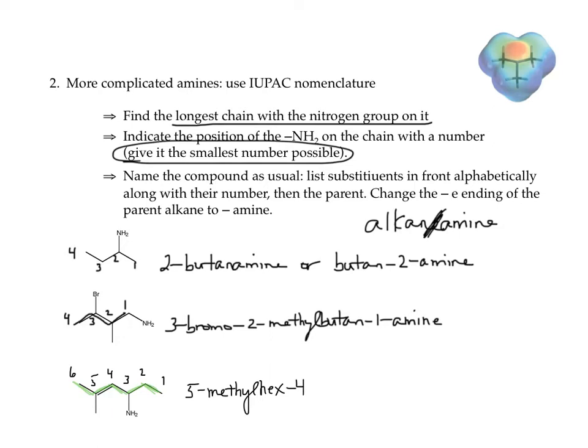It's at number 4, so hex-4-ene. I'm not going to put that E after the ene, because what's going to follow is the word amine, which starts with a vowel, and it's at number 3, so 3-amine. So because I have a vowel, I ended up dropping the E right there after the EN.